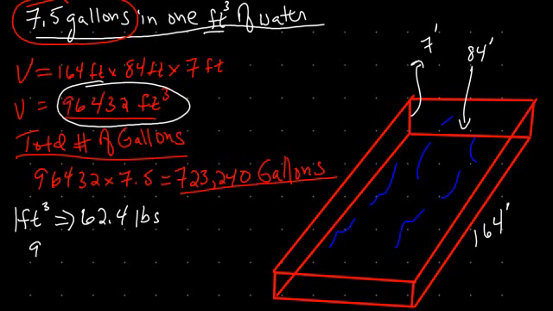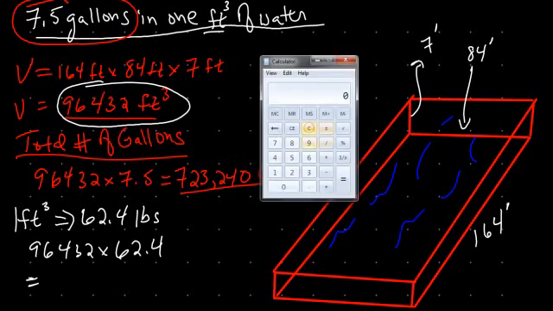So I've got 96,432 times 62.4. Let's see what this gives me. Wow, what is that? That's so big. Let me recalculate it just to make sure, but I believe it's correct. 96,432 is my total number of cubic feet.